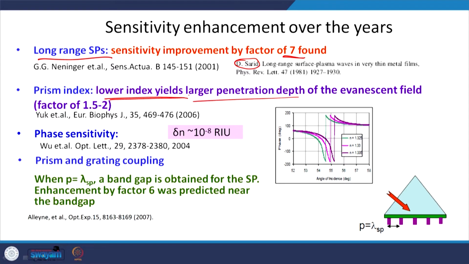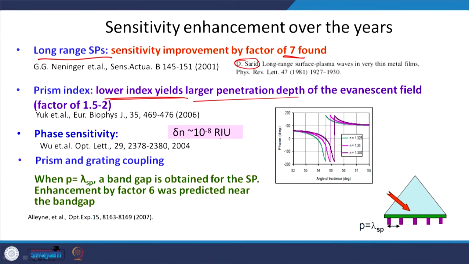So, you can have more evanescent field, which means that you can increase the sensitivity by a factor of 2. Again I told you that phase sensitivity is very high and it can detect changes of about 10 to power minus 8 RIU. If you remember the phase curves were like this, and since this is very sharp, any small change can also be measured. That is why it has very high sensitivity.